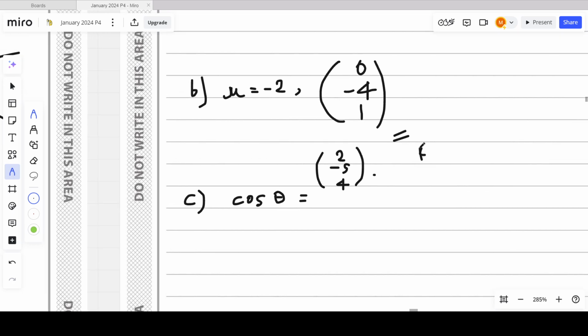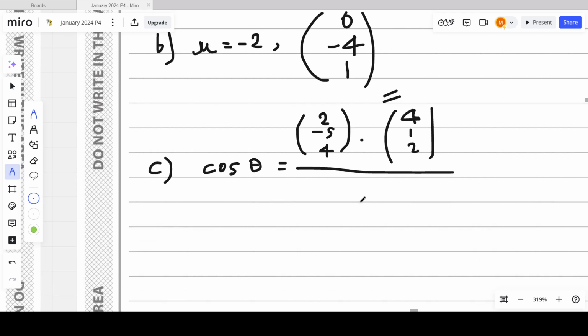These two vectors are in dot product, and divide by the modulus of 2, -5, 4, that is 4 plus 25, this is 29, plus 16, this is 45. So square root of 45, times the modulus of 4, 1, 2, 16 plus 1 plus 4, that is square root of 21.